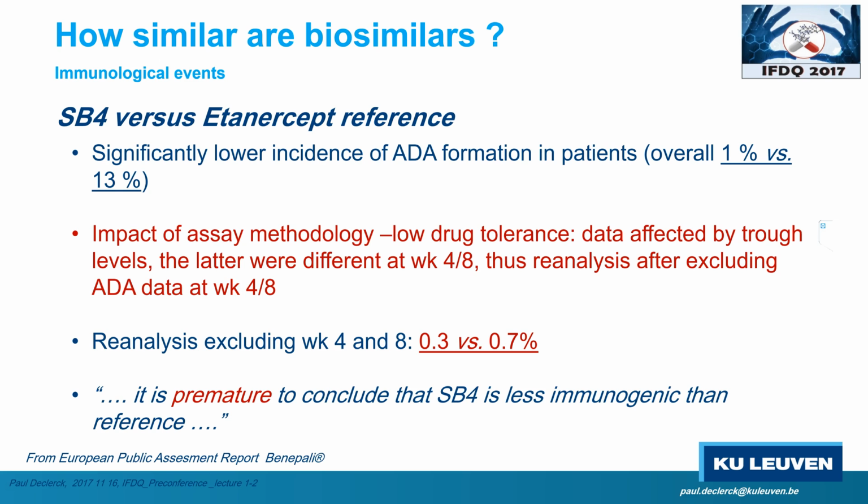Definitely not worse, but also not better, because if you prove that it's better, then you're not sure whether you're really working with a similar product, and then the whole concept may not be able to be applied. So 1% versus 13% is obviously a bit of a problem from a regulatory point of view within the biosimilar concept.